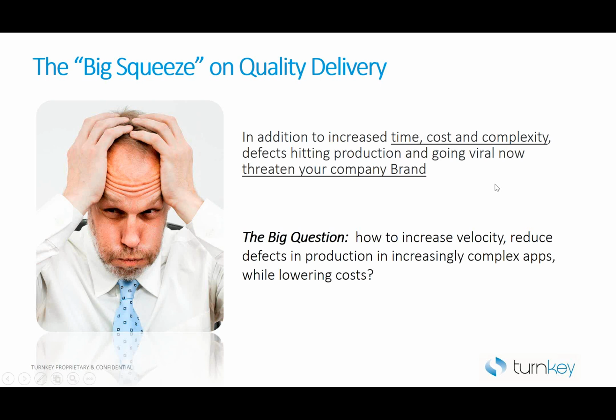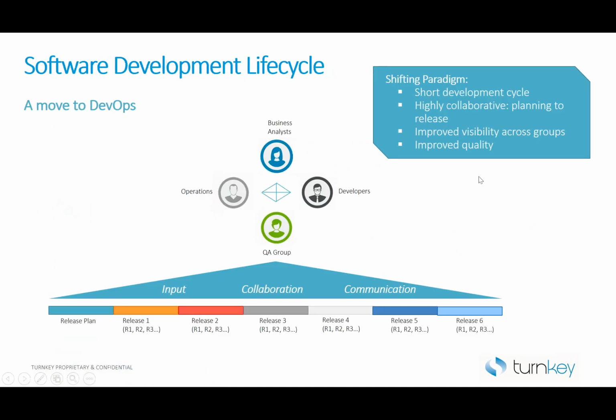So the big question becomes, how do you increase SDLC velocity as you deal with increasingly complex applications while still preventing defects from escaping into production and keeping costs low? In conclusion, putting in place more effective quality assurance with test automation in DevOps can help address all of these issues by significantly reducing timelines and costs, and increasing test coverage and quality.